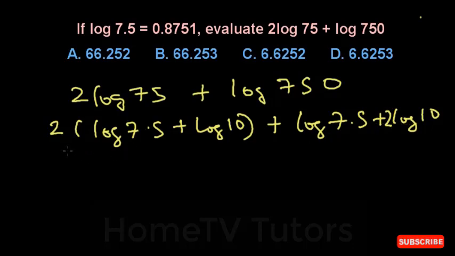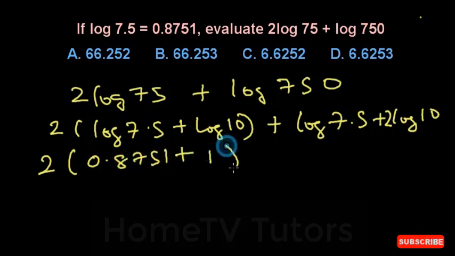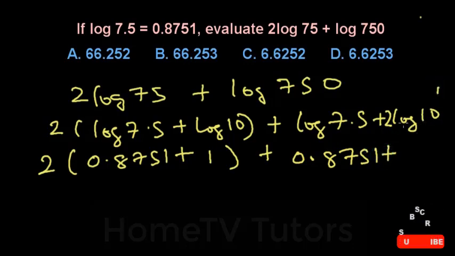So now we have 2 times log 7.5, represented by 0.8751, plus log 10, which is 1, plus log 7.5, represented by 0.8751, plus log 10, which is 1, then 2 times 1 is 2.